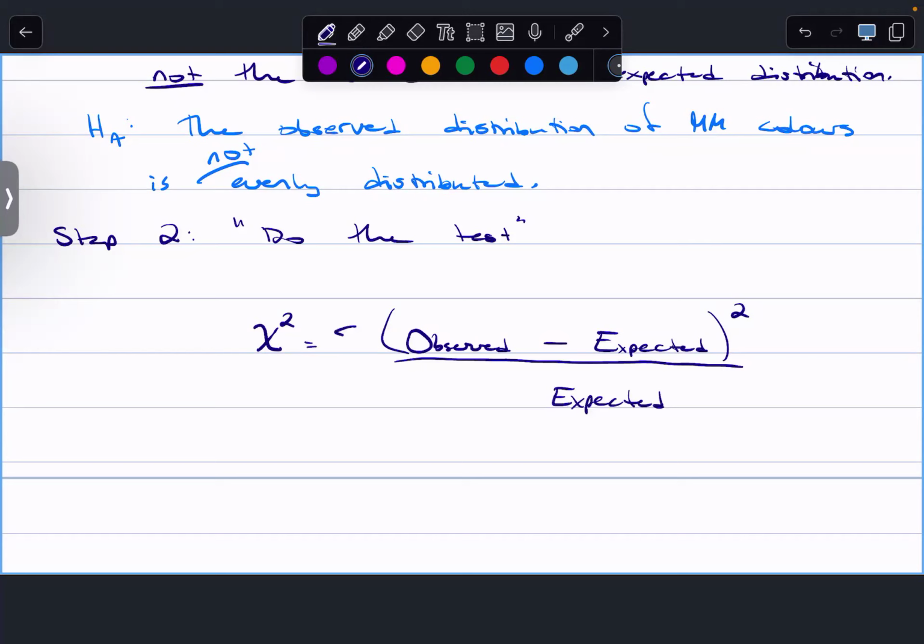And then we add those all up. Because each category is going to have an observed count and an expected count, and we square those just to make them positive so that they don't cancel each other out when I sum them all up. And then we divide by the expected count for each cell. And so I'm out of time, but that's the chi-squared.